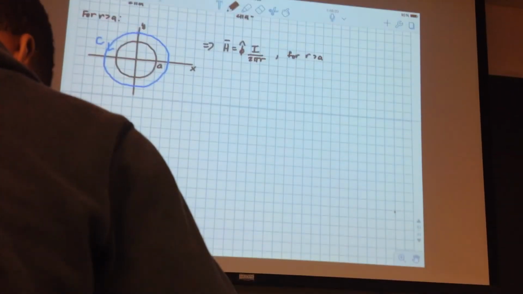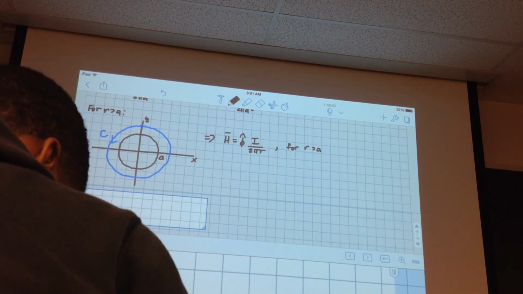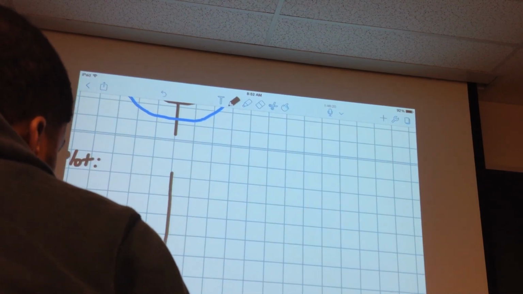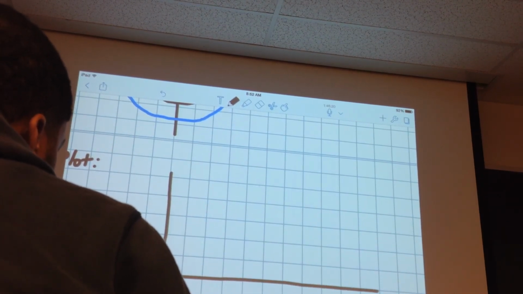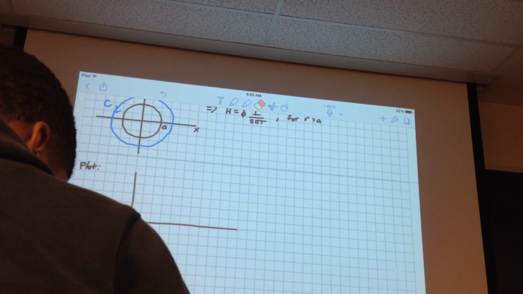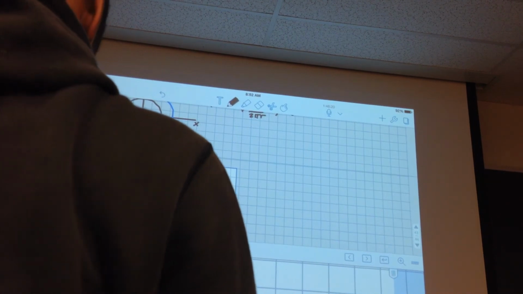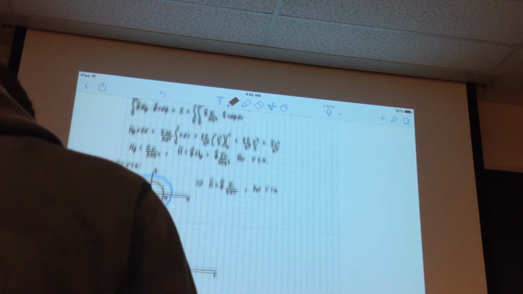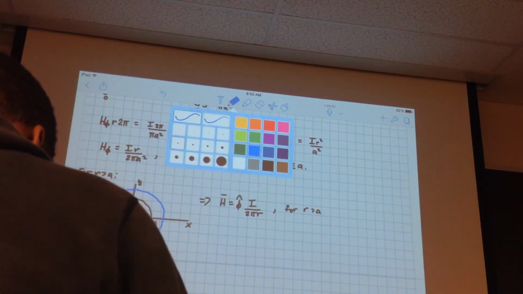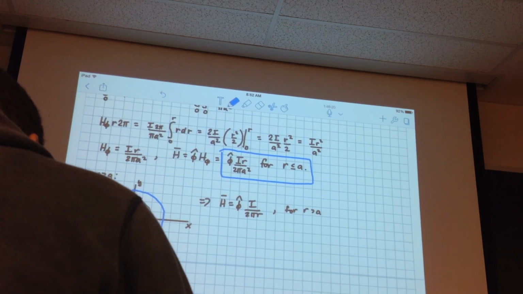So we can plot that on an axis. If I were to plot my magnetic field as a function of radial distance away from the wire, then we got this here, where r less than a is a linear function, right?